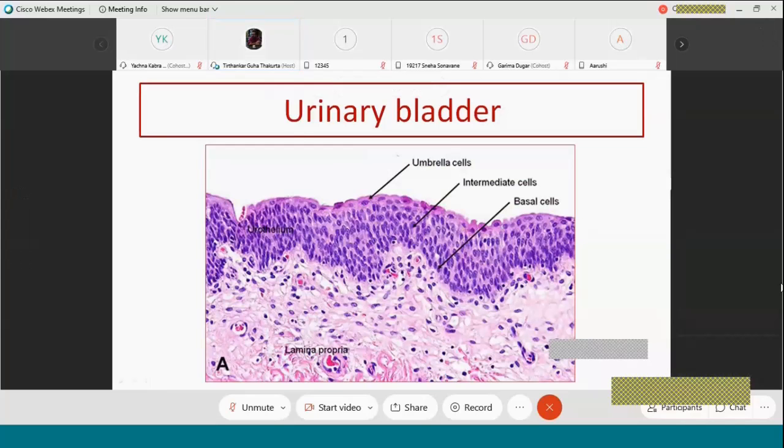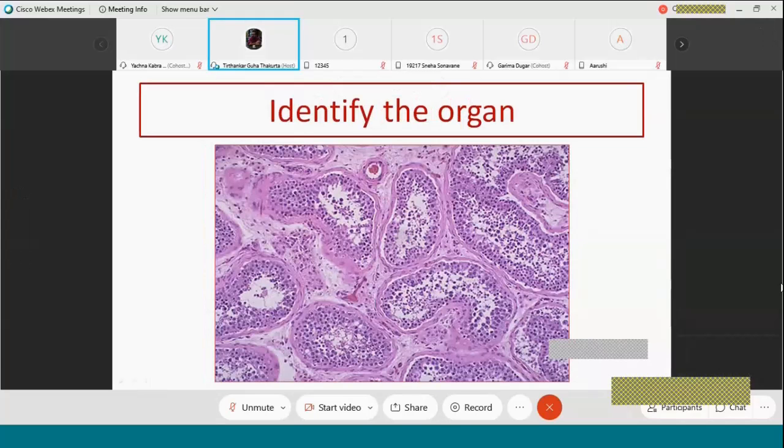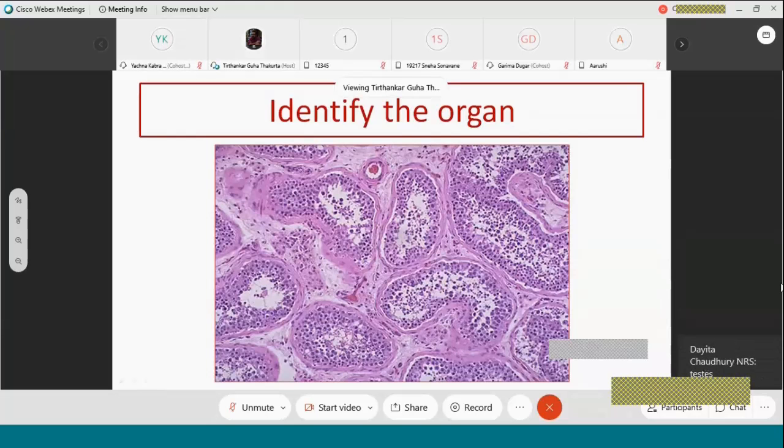Can you identify these organs? Yes, you can see there are multiple tubules.